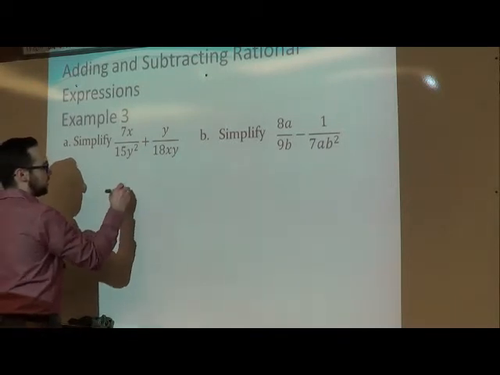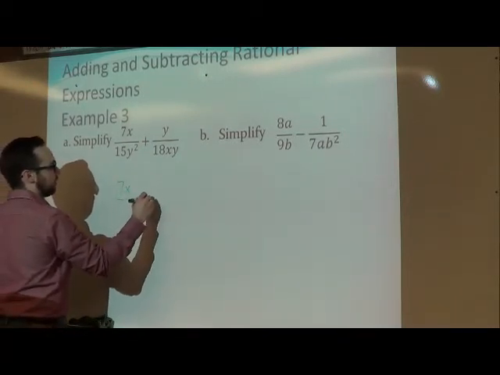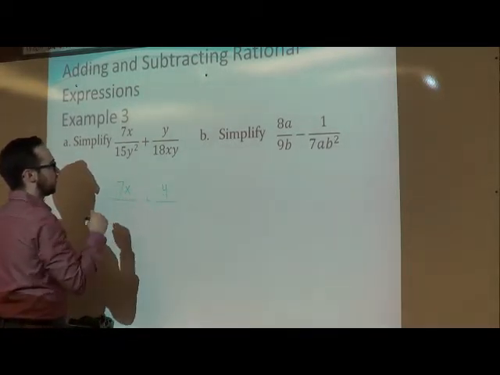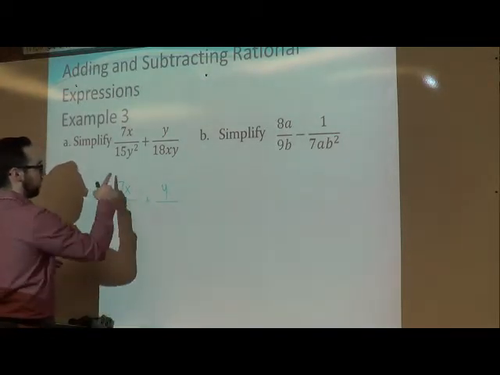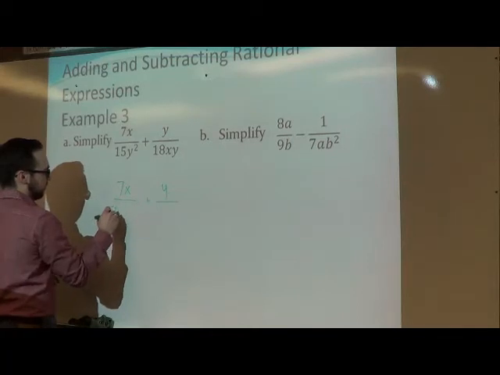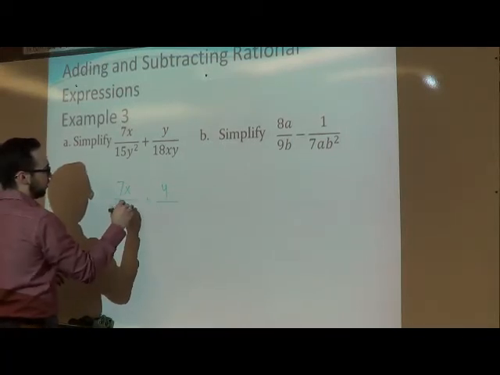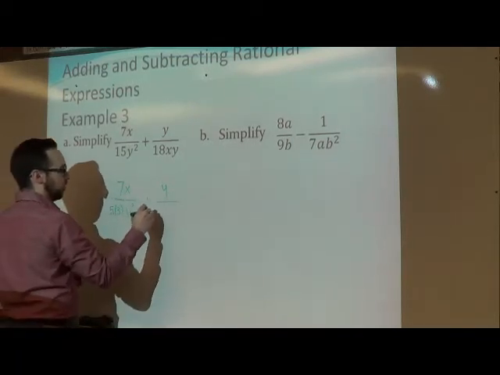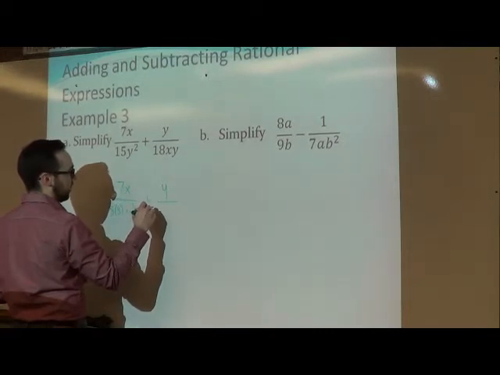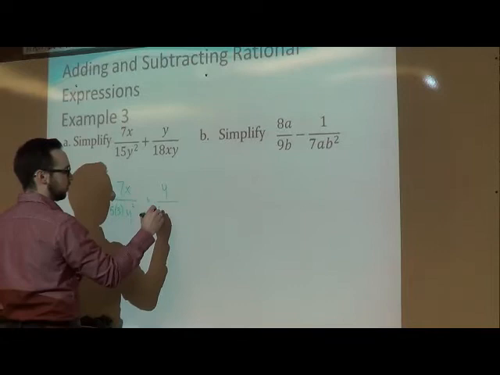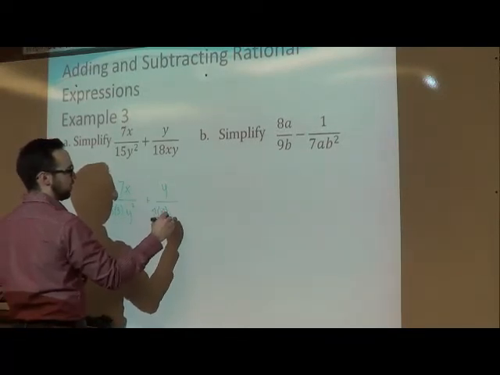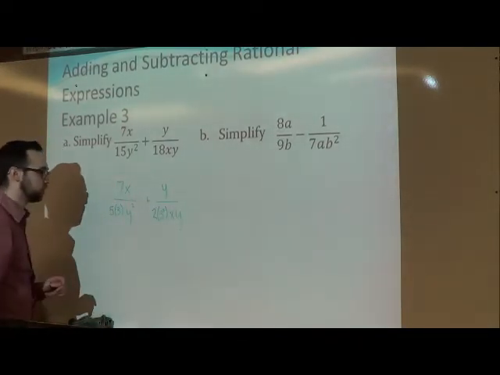So we have 7x over something plus y over something else. Over here we have 5 times 3 y squared. Over here we have 6 times 3, which is 2 times 3, so we have 2 times 3 squared xy.